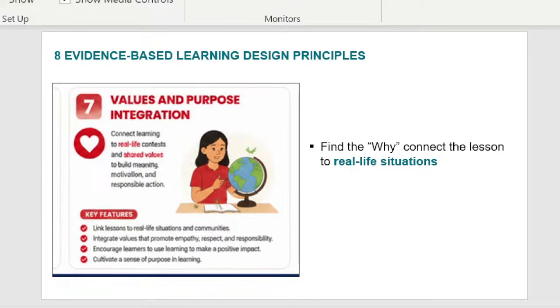You connect the lesson to real life situations. Find the why. What's the purpose? Why? So you connect it with real life situations. We want our learners to solve real world problems, real life, for them to become successful.